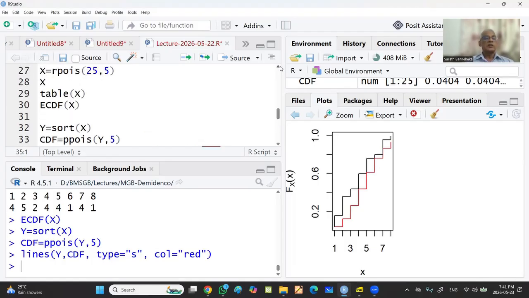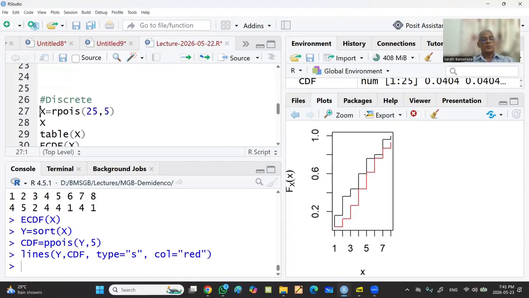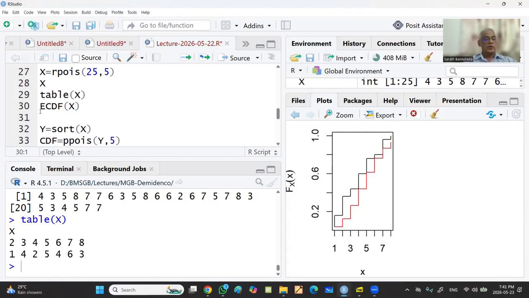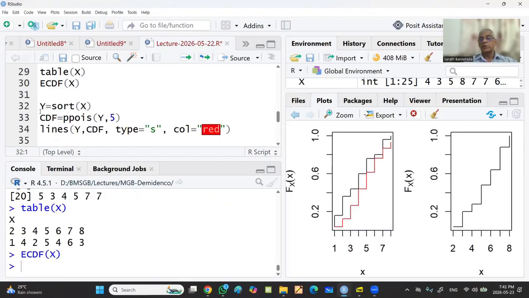So let me draw the empirical cumulative distribution function again using a different sample. These are my x values now. Again, you can see some observations repeating; for example, there are four 3s and two 4s and so on. That is the empirical CDF.